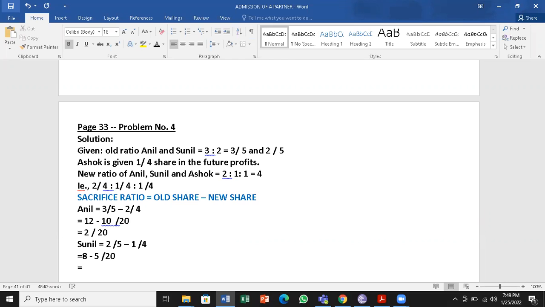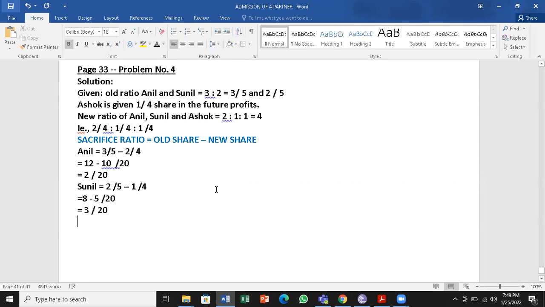That is equal to 8 minus 5 is 3. 3/20. So sacrifice ratio 2/20 and 3/20. So in a way it is 2:3.